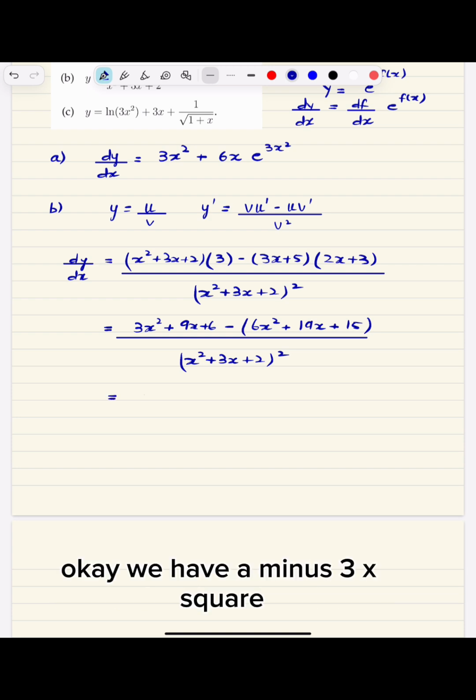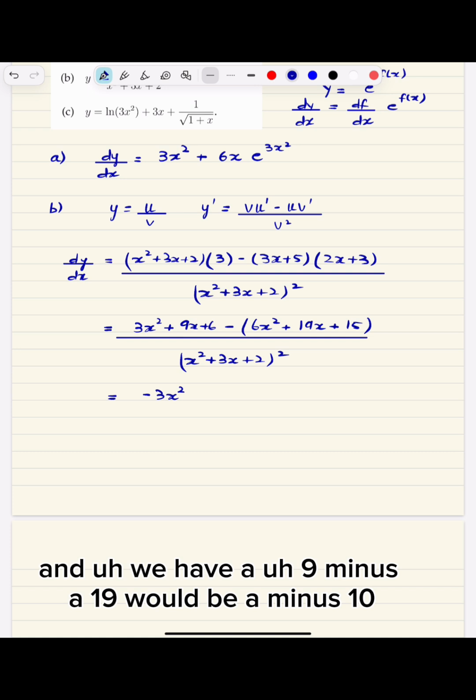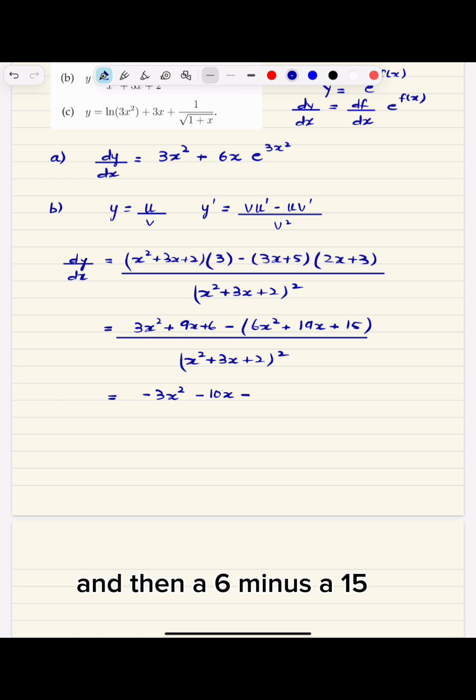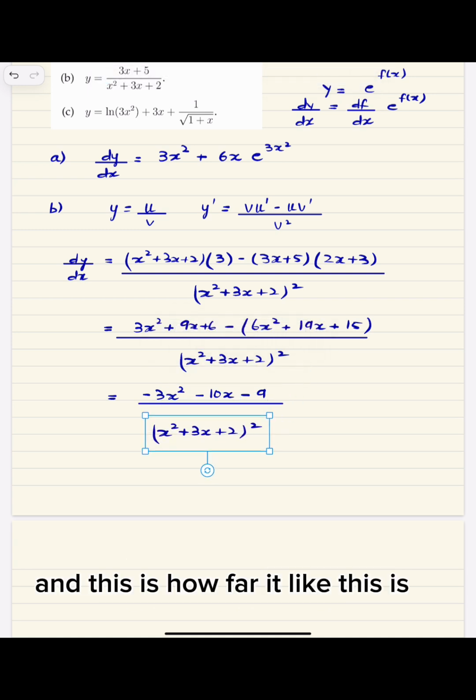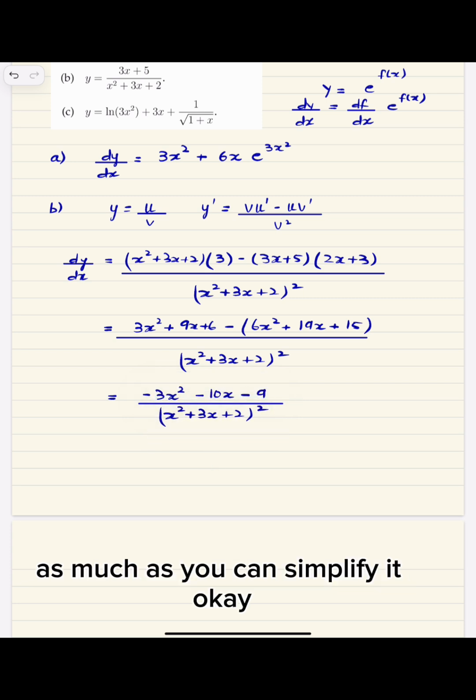Okay, we have a -3x^2, and we have 9 minus 19 would be -10x, and then 6 minus 15 would be -9, over the denominator as it is. And this is as much as you can simplify it.